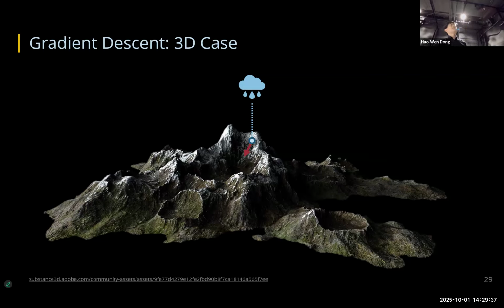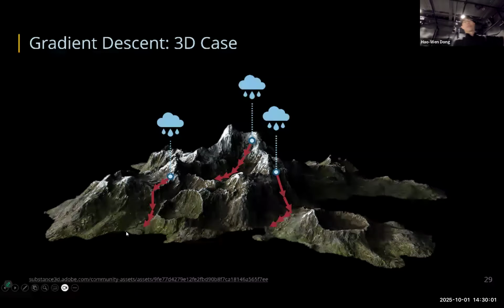So, if you drop a raindrop here, it would just flow, flow, flow all the way to the local minima here, there. And if you drop it somewhere else, so this is the initialization. If you initialize it somewhere here, then it will drop all the way to the lowest part, the sea level. And for this case, it will also turn and flow all the way into the sea level.